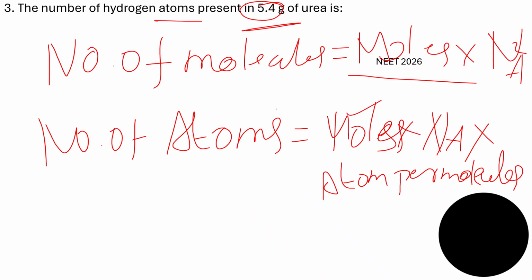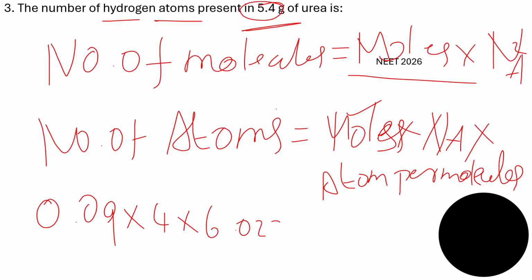Moles is 0.09, which we already found. Then atoms per molecule: there are 4 hydrogen atoms in urea, from the structure of urea. So 4 multiplied by Avogadro's number, 6.023 times 10 to the power 23.